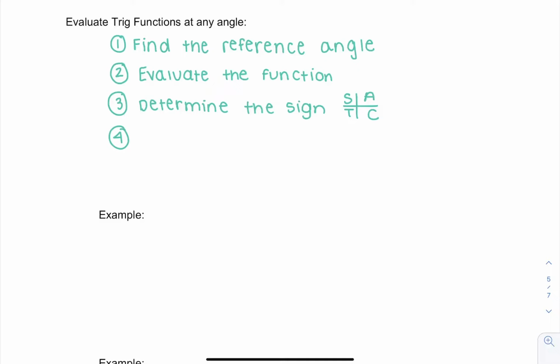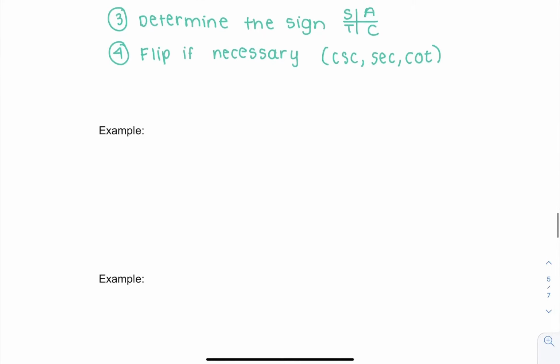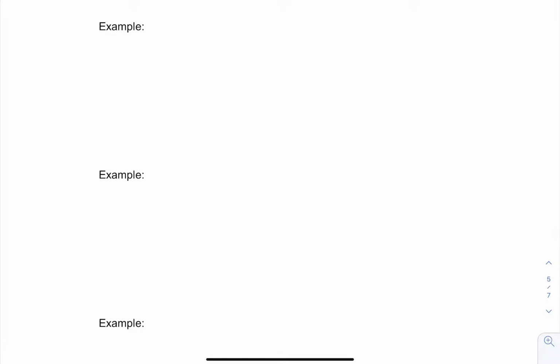And the last thing that you're going to do is flip the function if necessary. So remember, we have three functions that we have to flip for. We have cosecant, secant, and cotangent, which are kind of our strange three functions that we learned about a little bit later.